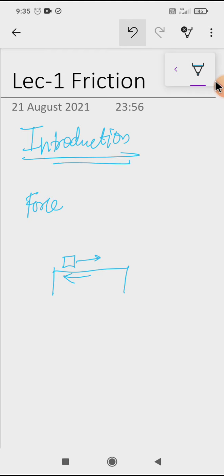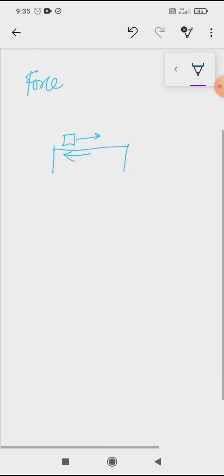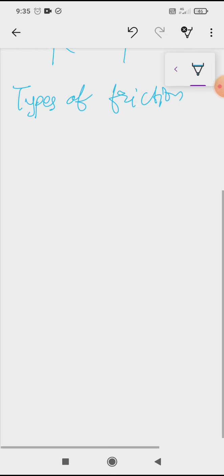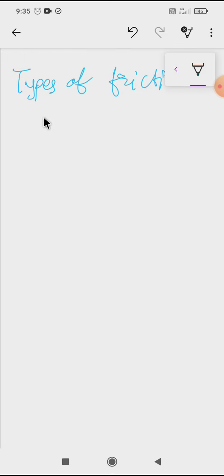So what are the types of friction? There are mainly 2 or 3 types of friction. First is dry friction.